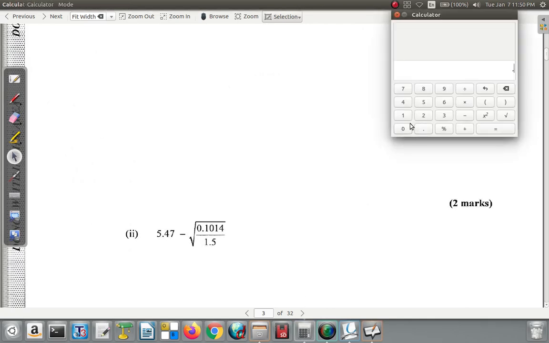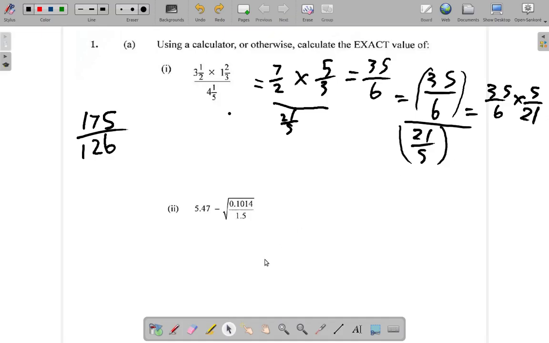What you have is 0.1014 divided by 1.5 equals, then I square root that, I get 0.26. You'd have to write that down, and after that you say 5.47 minus 0.26, I get 5.21. So the answer for this one would be 5.21.